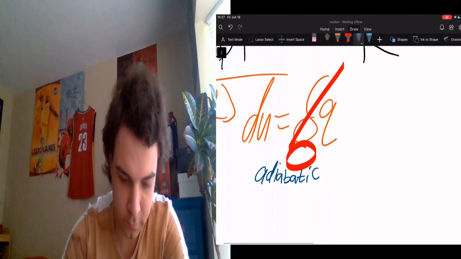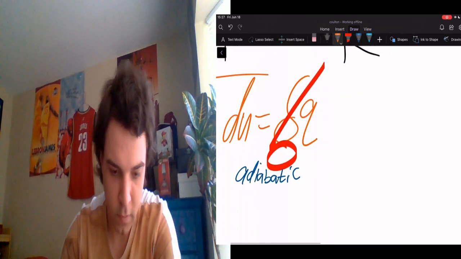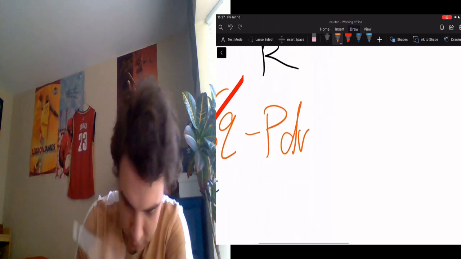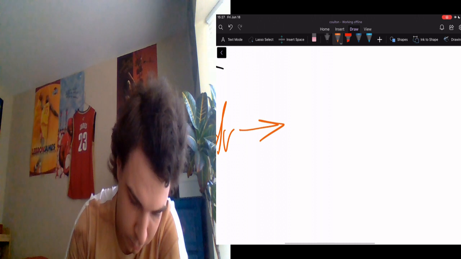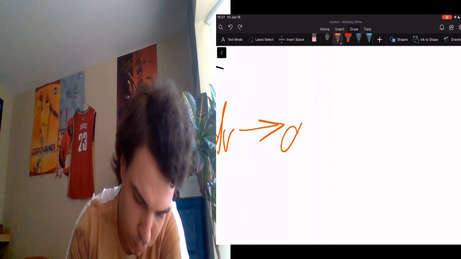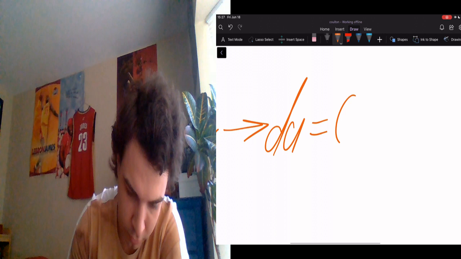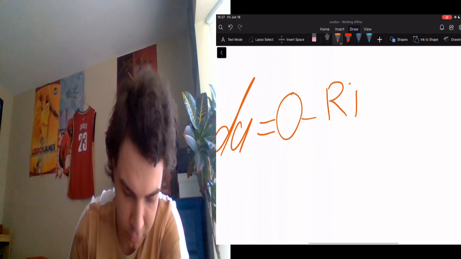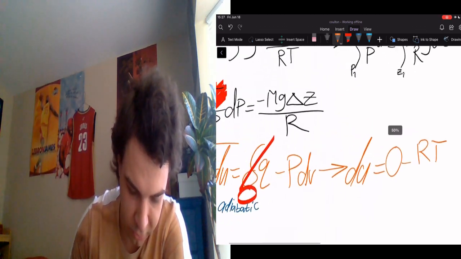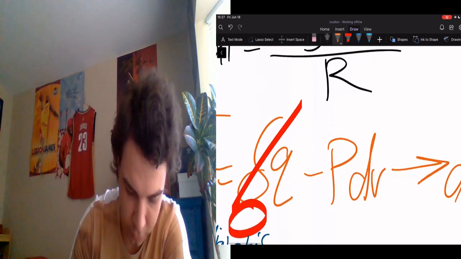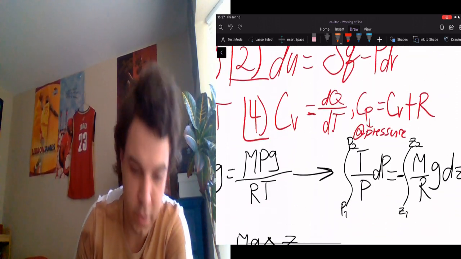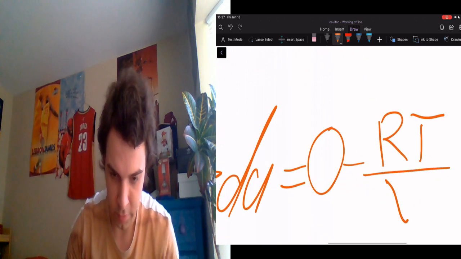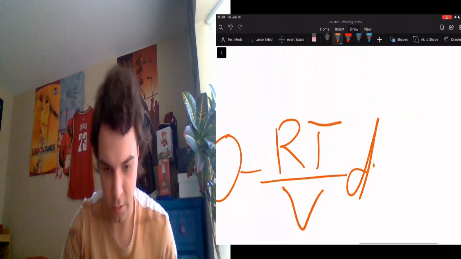And then minus p dV, so it goes to du equals 0 minus RT. We could plug the RT over V here in for this pressure by rearranging the ideal gas law over V dV.